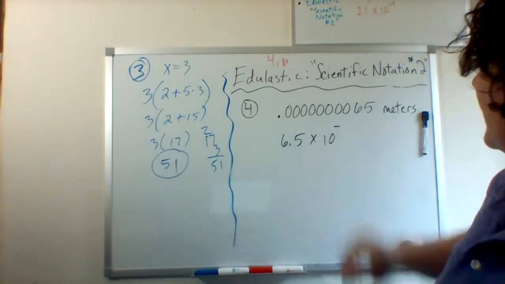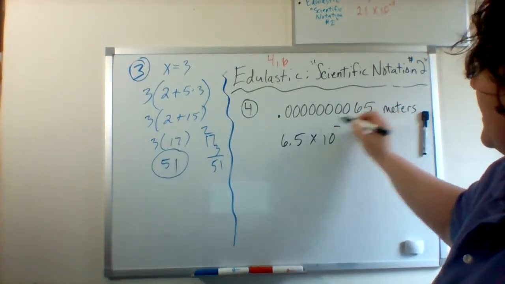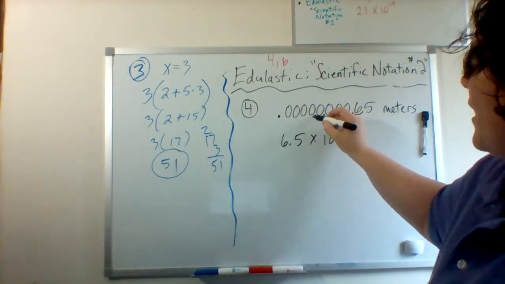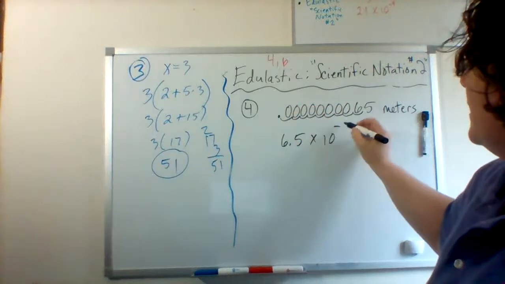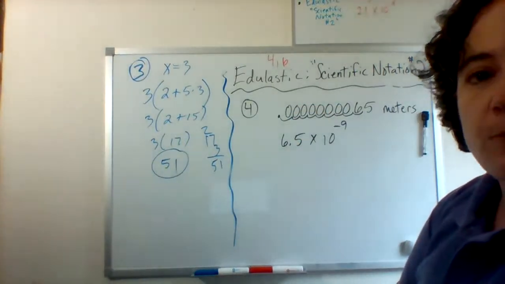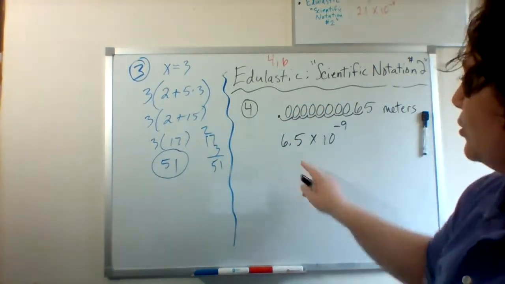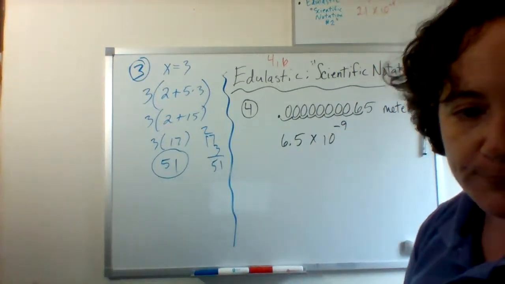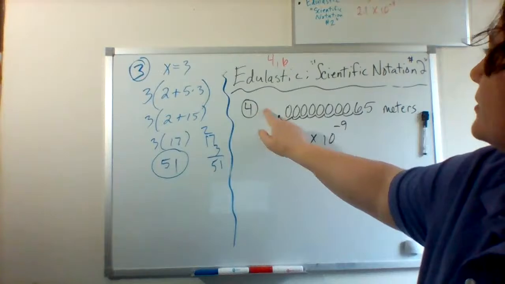Negative what? Well, let's find out. If it's here and it has to go there, it's going back 1, 2, 3, 4, 5, 6, 7, 8, 9. It went back 9 spots to the left. So you have to type 6.5 times 10 to the negative 9 power. And that's number 4.